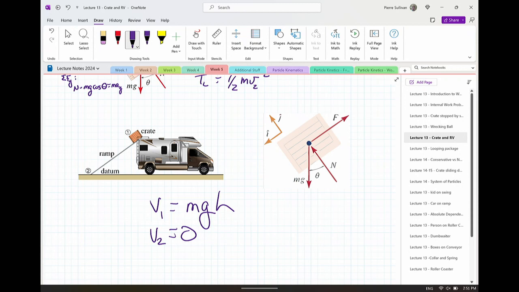On the bottom, it's 0, which is my datum. Right there. So the datum allows me to sort of leave everything as it is.